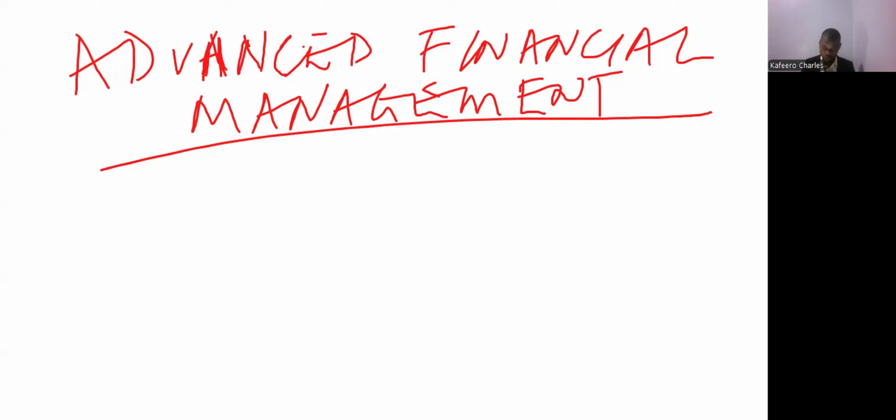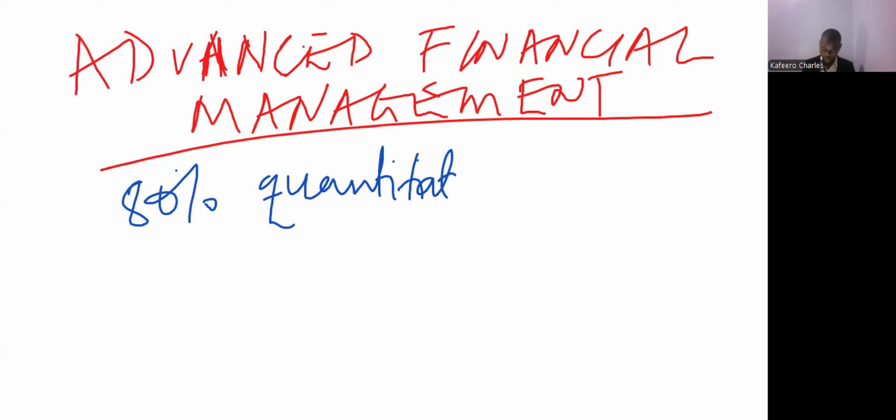I want us to look at the advanced financial management paper, and I want you to note that as you are doing this paper, be prepared that it is going to be 80% quantitative analysis, meaning we are going to be dealing with numbers.